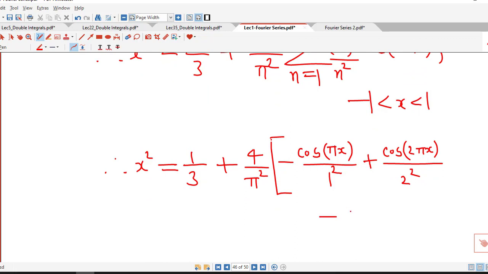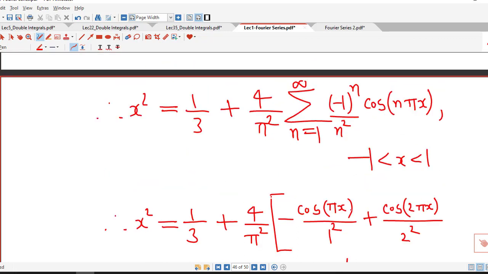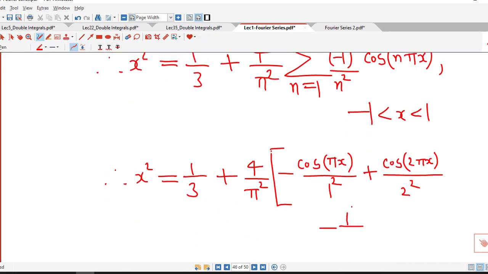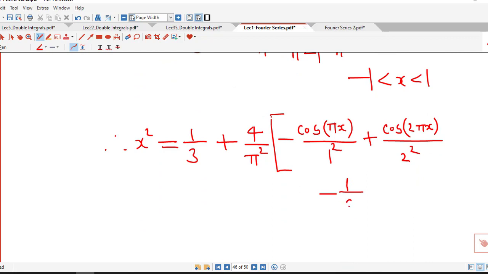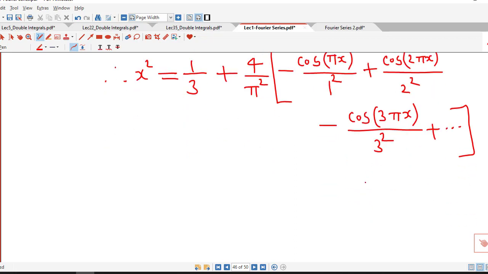For n equal to 3, we have a negative sign, minus 1 raised to 3 is minus 1, divided by 3 square, cos 3 pi x, or we write it as minus cos 3 pi x divided by 3 square and so on. And x is in between minus 1 and 1.